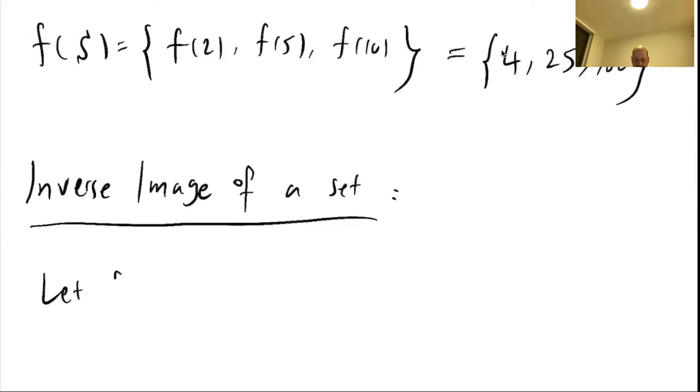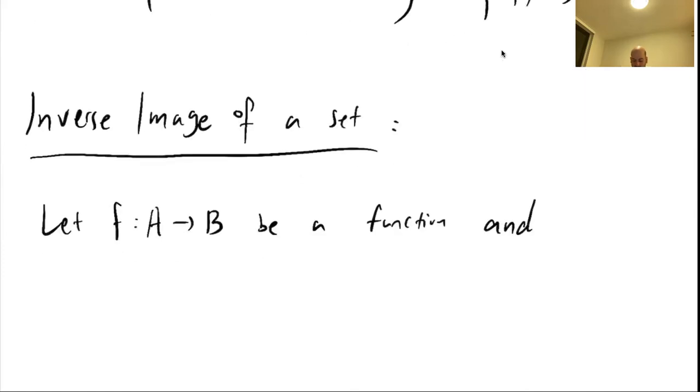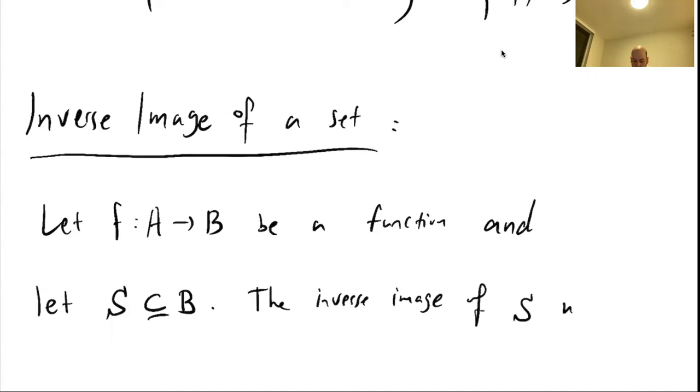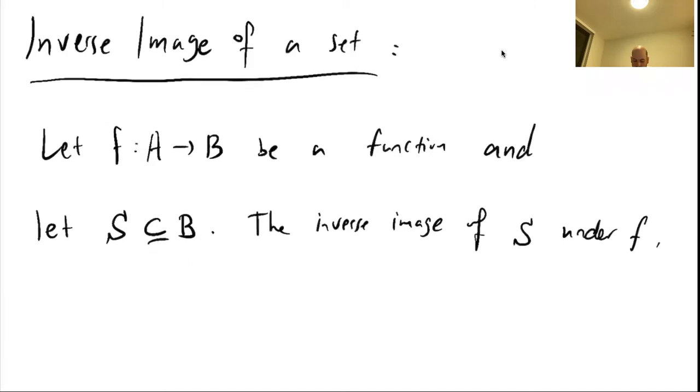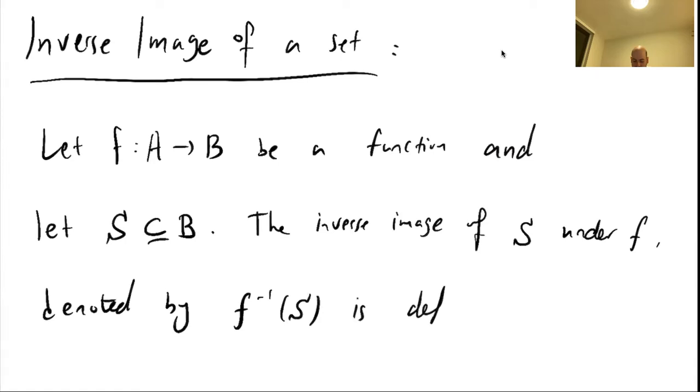So again, let f from A to B be a function, and let S this time be a subset of B. The inverse image of S under f, denoted by f inverse of S, is defined as follows.